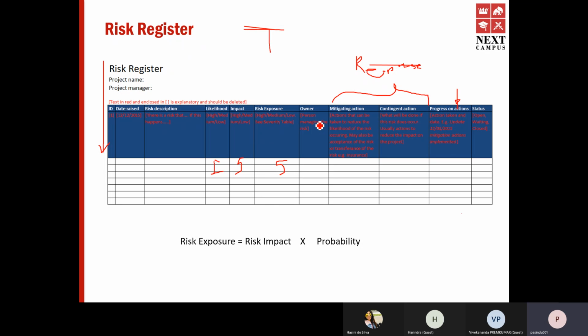When you categorize risks, you need to consider both impact and probability. Since a tsunami has high impact, you might not have a response plan for it, because chances are it would not happen.